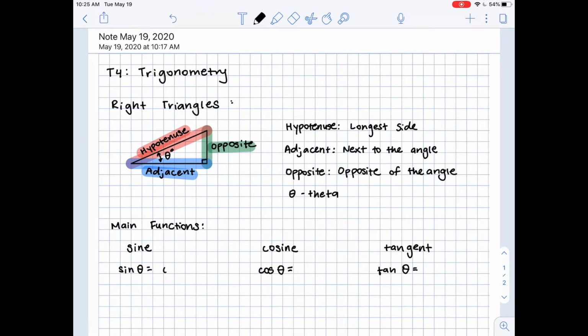Sine of theta is equal to the opposite side divided by the hypotenuse. Cosine is equal to the adjacent over the hypotenuse. And tangent is equal to the opposite over the adjacent.